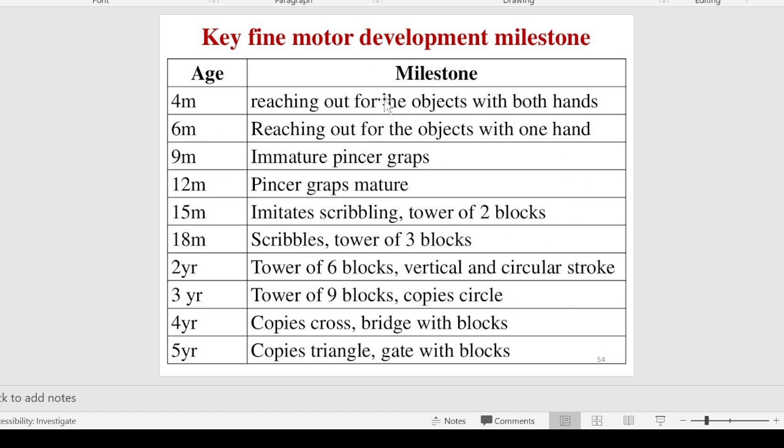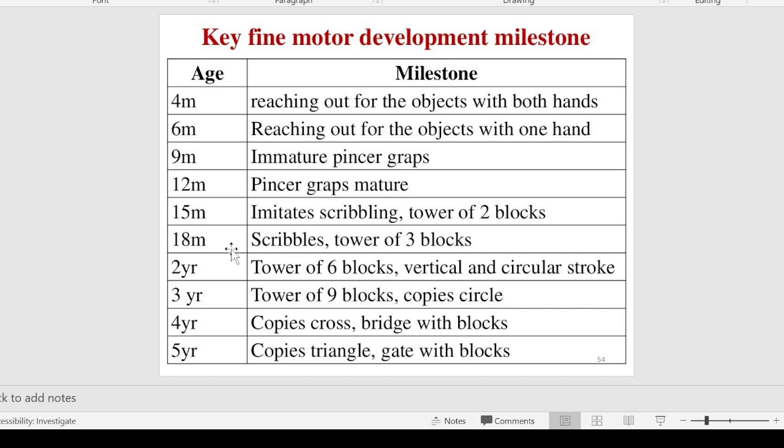At 4 months, reaching out for the object with both hands, trying to hold the object with both hands, whereas at 6 months, reaching out for the object with one hand. At 9 months, immature pincer grasp, and at 12 months, mature pincer grasp. At 15 months, imitates scribbling and builds a tower of two blocks. He can use his fingers to construct a tower of two blocks.